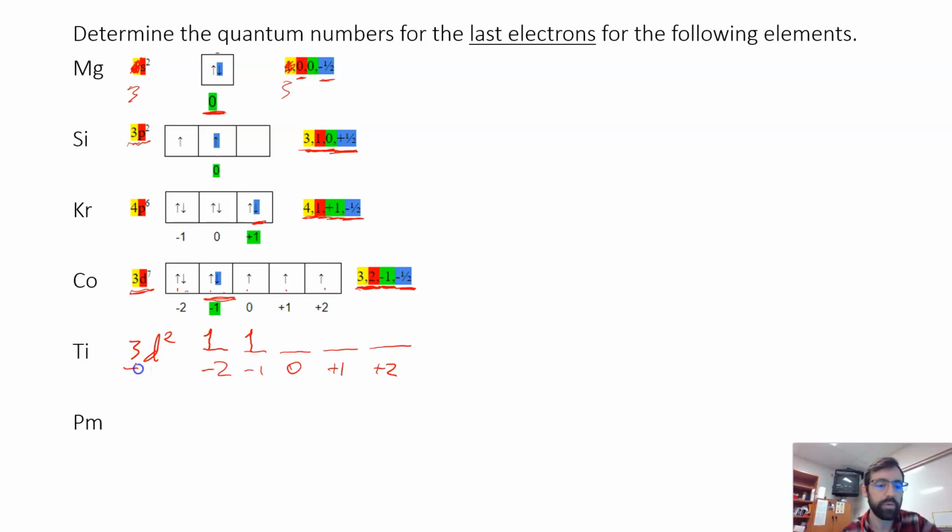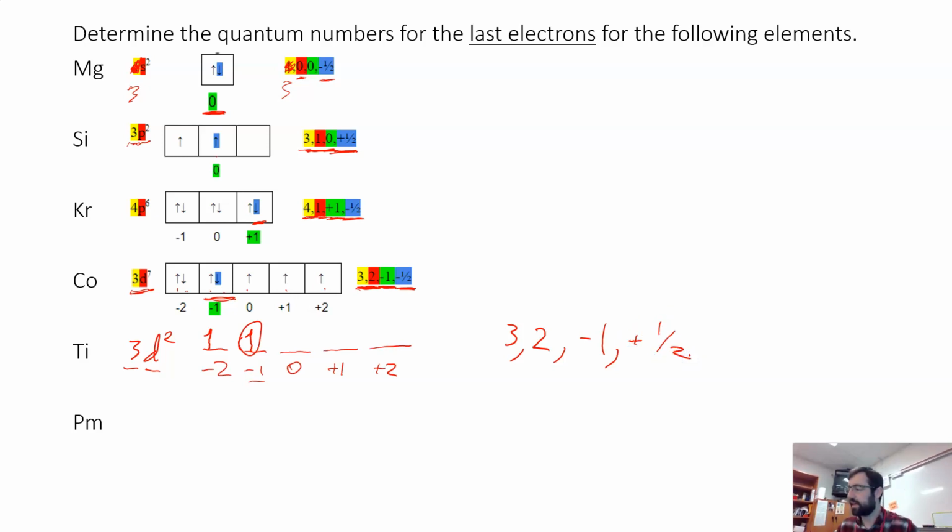Okay, so 3, and then D is 2, S is 0, P is 1, and D is 2. And then my next number is -1, and it's an up arrow, so that's +1/2.